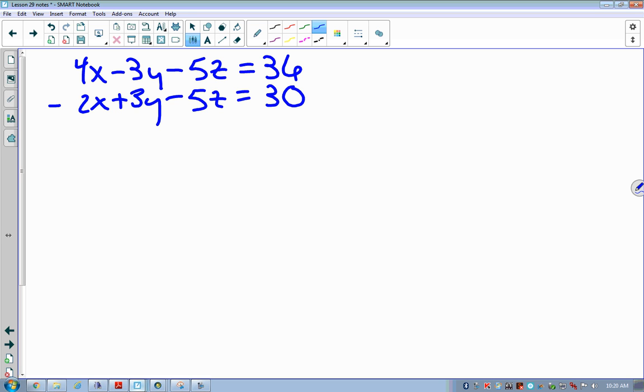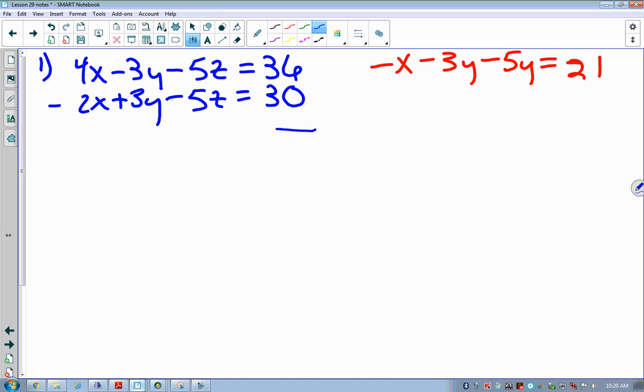Okay. Negative x minus 3y minus 5z equals 21. Okay, so our first step is going to be dealing with these first two equations.